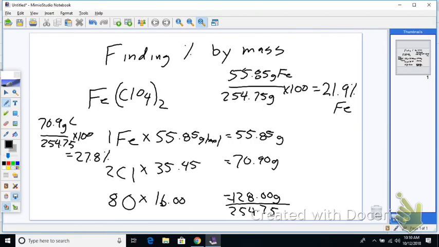And then the last one, we got a lot of oxygen, 128 grams of it, divided by 254.75 times 100, and that'll get us our last one. And that's 50.2%.